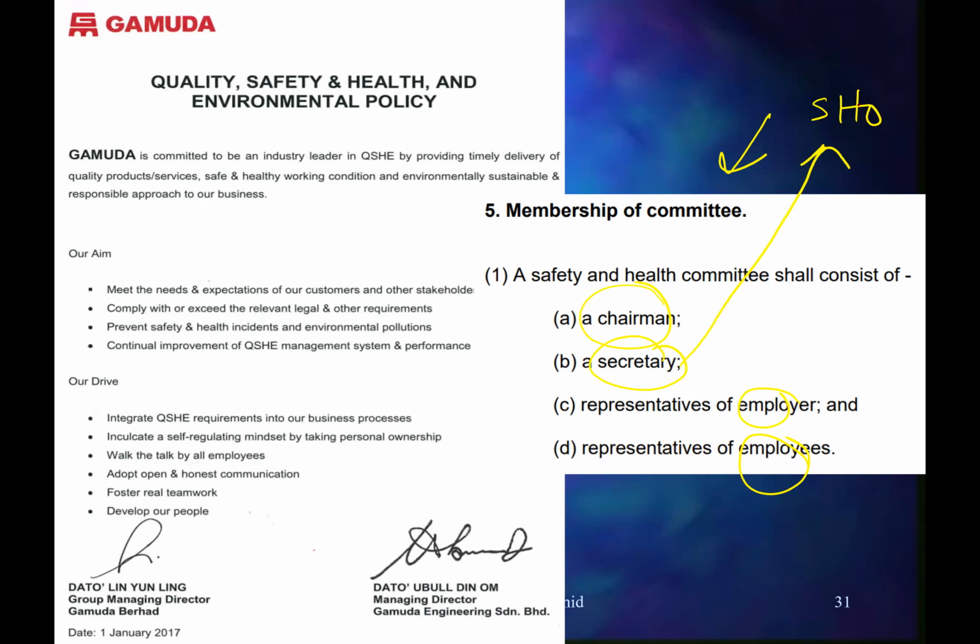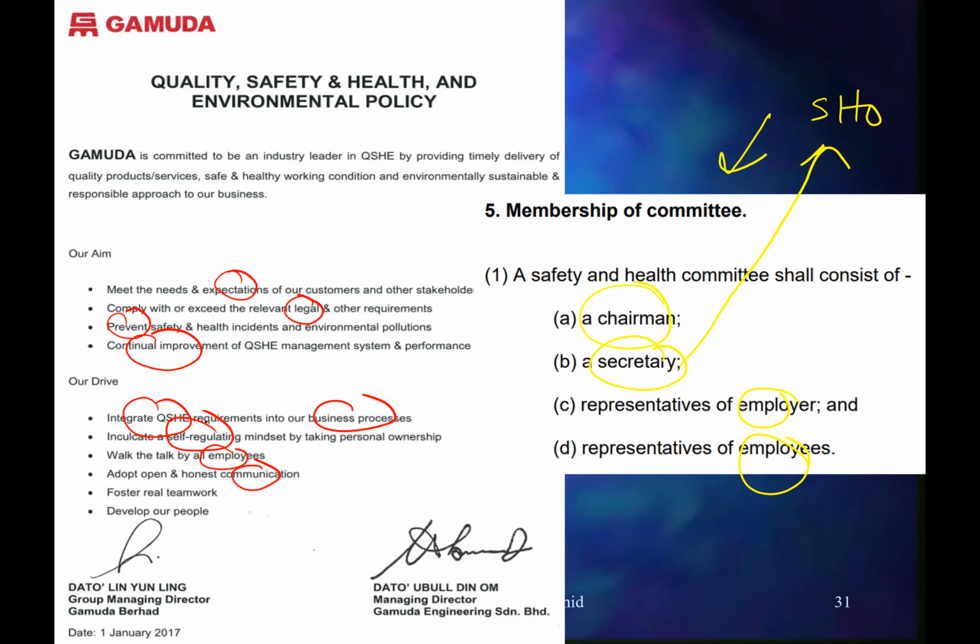So in Gamuda, for instance, they mention meeting the need and expectation, complying with legal requirements, preventing incidents, continuous improvement, and integrating OSH as part of the business process. Walk the talk to employees, meaning to say the management should lead by example, and adopt open, honest communication.